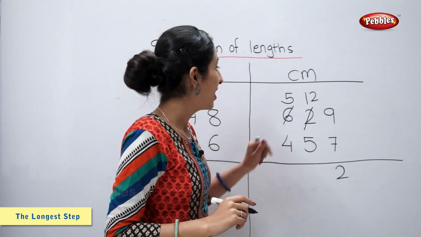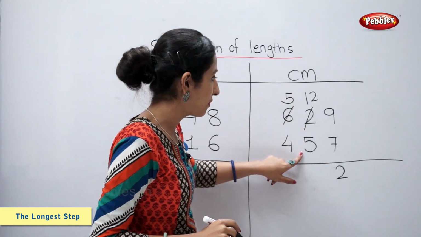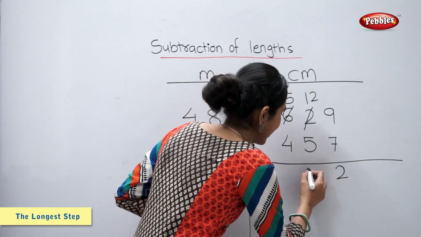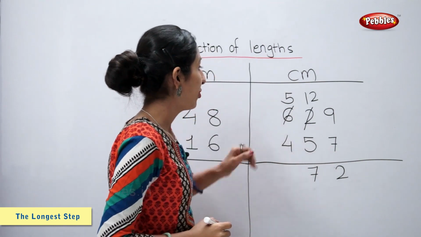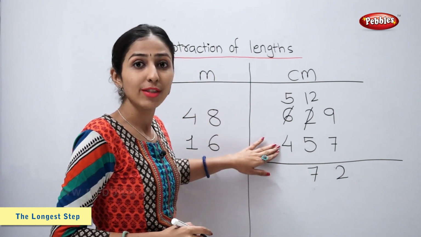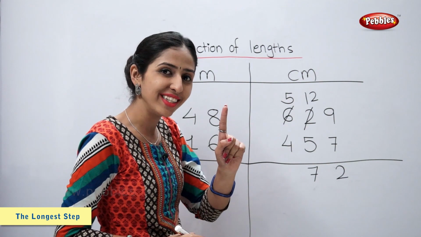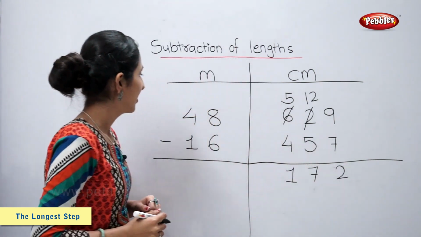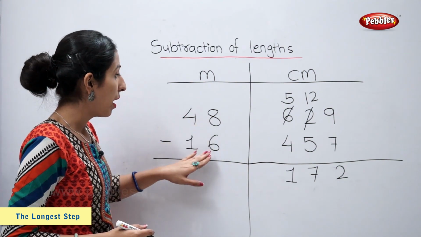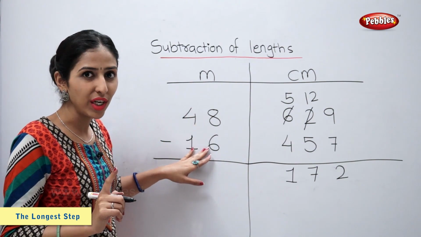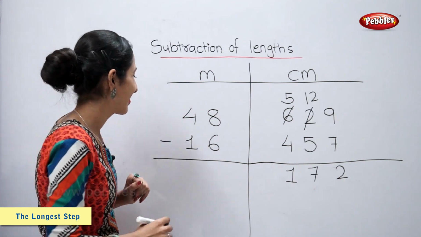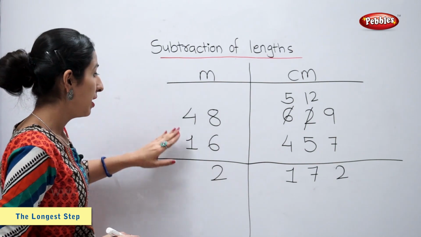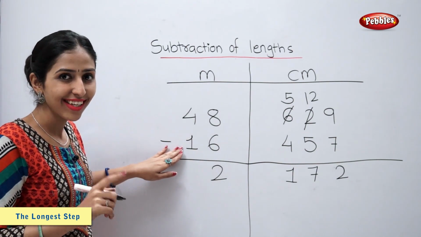So now 12 minus 5 is equal to 7. 5 minus 4 is 1. 8 minus 6 is equal to 2. 4 minus 1 is 3.